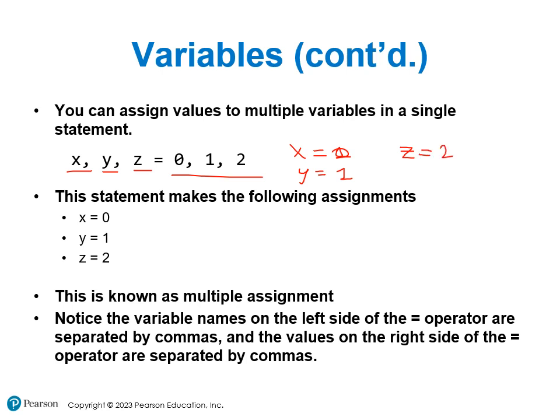This one statement is the same as the three statements x equals 0, y equals 1, z equals 2. This is called a multiple assignment, and the only thing that you need to pay attention to is that the values are separated by commas, and variables are also separated by commas. So if you want to make a multiple assignment, you have to separate your values and variables with commas.